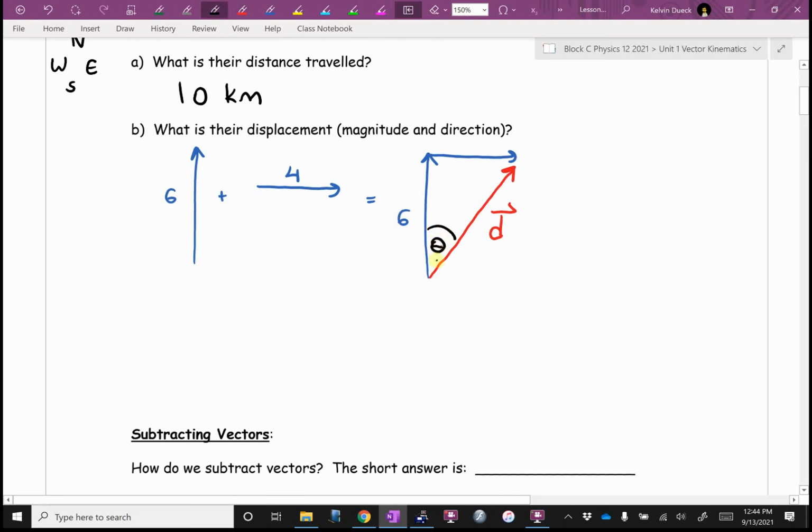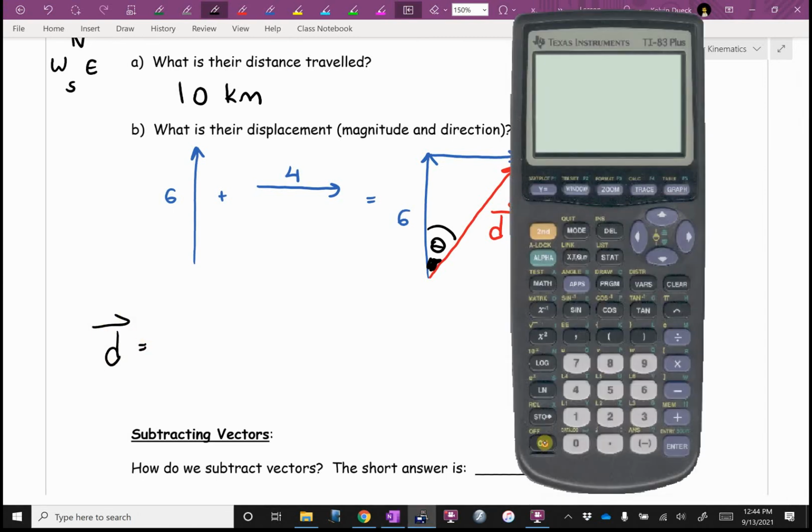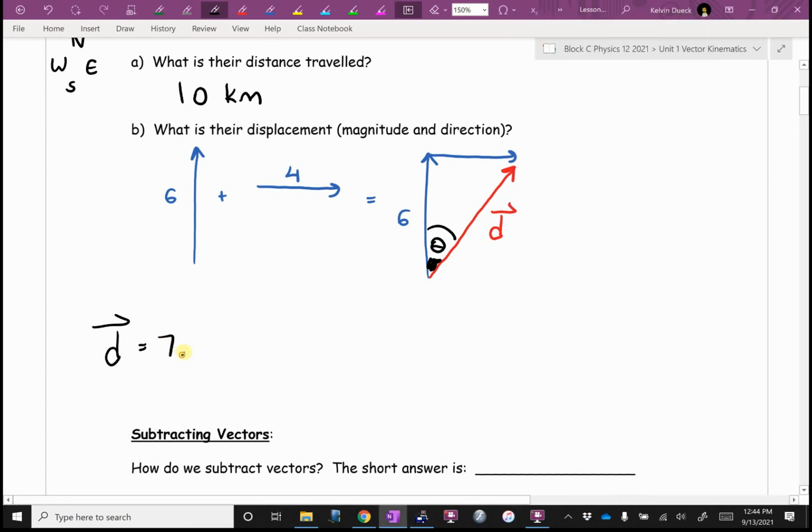Theta goes there. Oh, I forgot to put the 4 on the triangle.